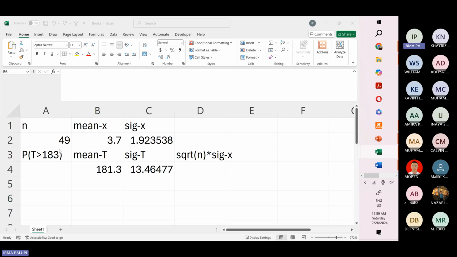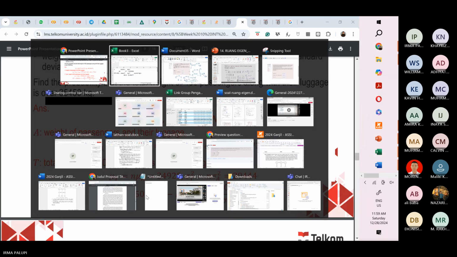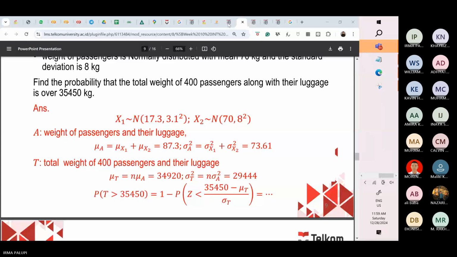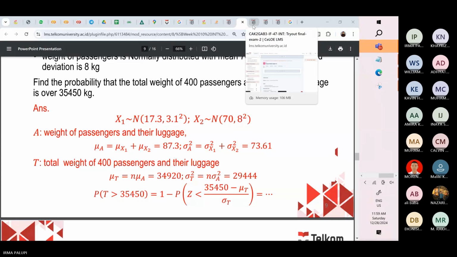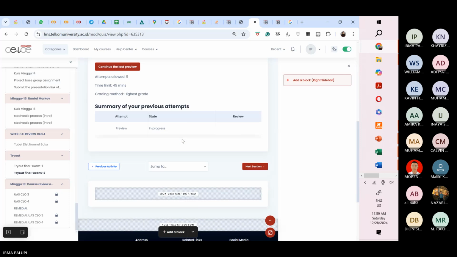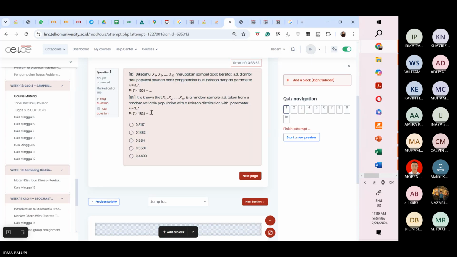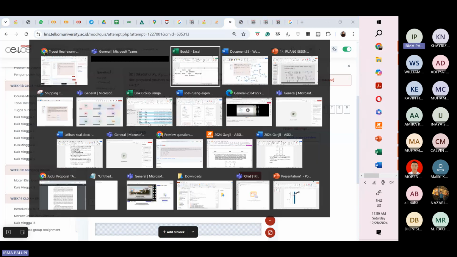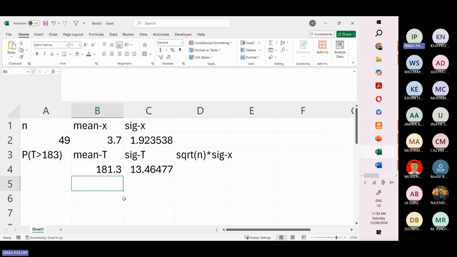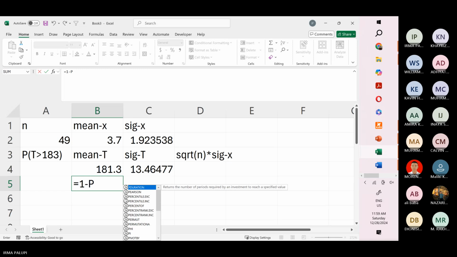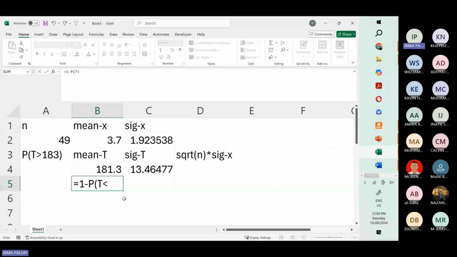I want to know what is the probability that T is greater than 18. So this is equal to 1 minus P of T less than or equal to 18.